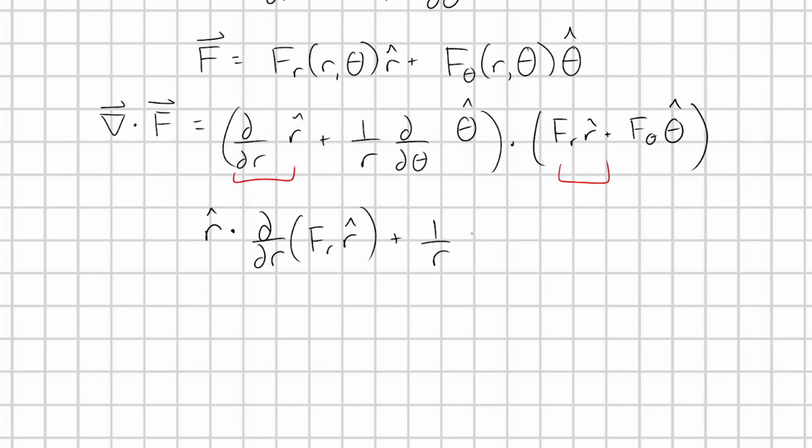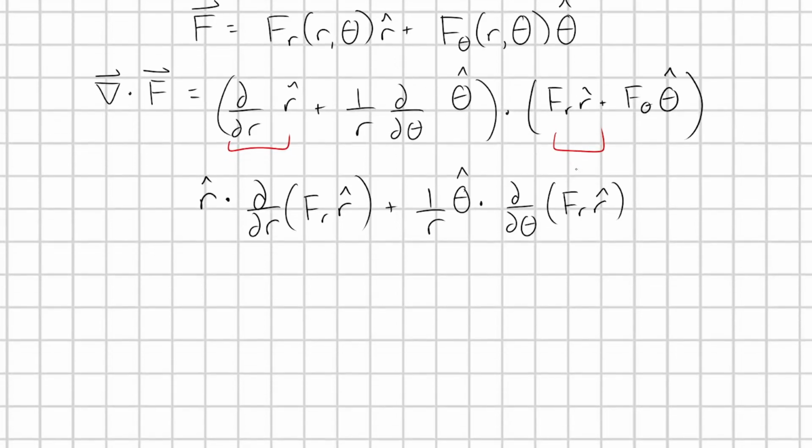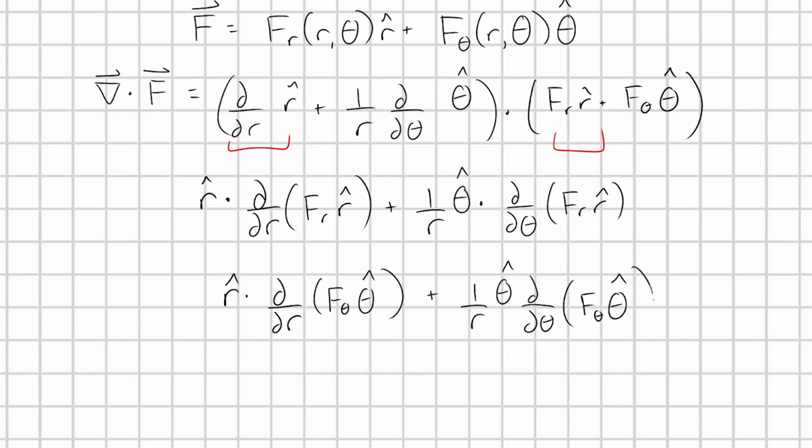So 1 over r theta hat dot d by d theta of f_r r hat. Right? Next, r hat dot d dr of f of theta theta hat plus 1 over r theta hat d by d theta of f theta theta hat.